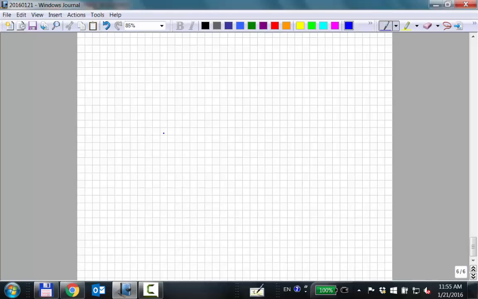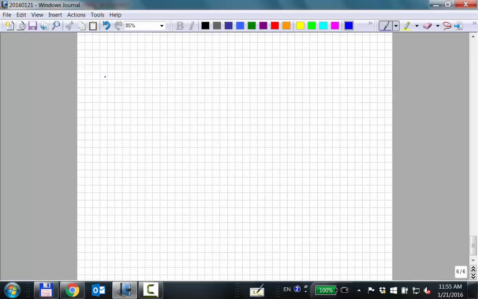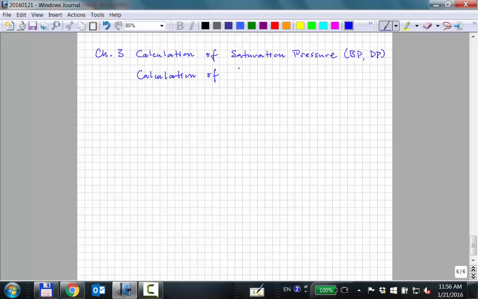That is covered in chapter 3, I think, calculation of saturation pressure, bubble point or dew point, and also the calculation of a two-phase flash, a two-phase equilibrium.